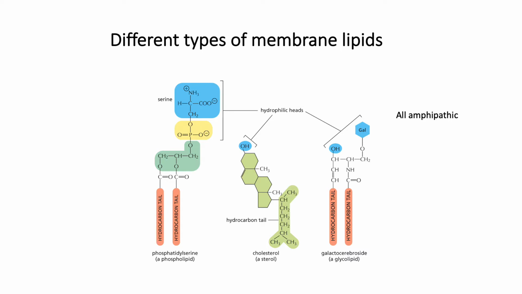So these are the 3 classes of lipids that we see in the lipid bilayer of the membrane. All of them are amphipathic, meaning they have a nonpolar hydrocarbon tail and then a charged or polar group, which is shown at the top in blue. And if you look, first of all, at the phospholipids, this is just one of many phospholipids that are found. So they have two hydrocarbon tails.